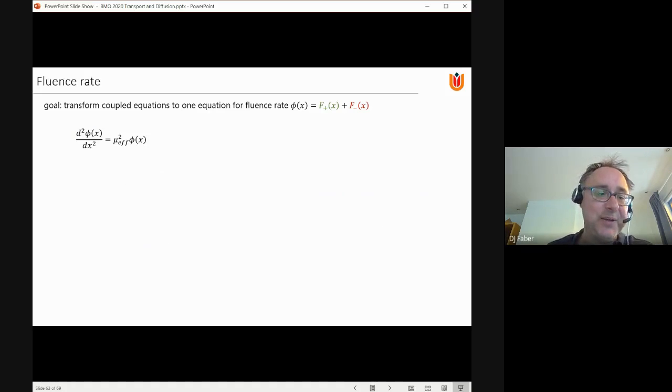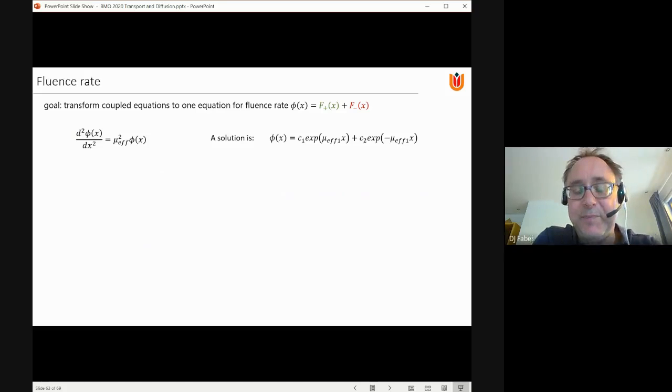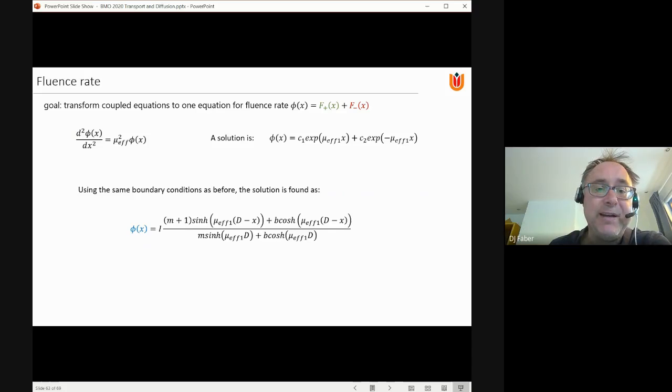A simple, straightforward second order differential equation with a constant mu effective like this. A solution for such an equation is basically textbook. As given here, a sum of 2 exponentials, one with the plus, one with the minus, with mu effective as a decay constant. We can apply the same boundary conditions at x is 0 and x is d to solve for the constants c1 and c2.